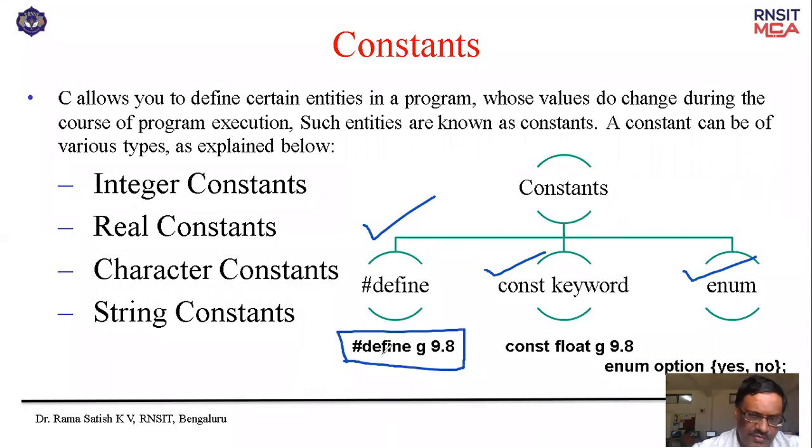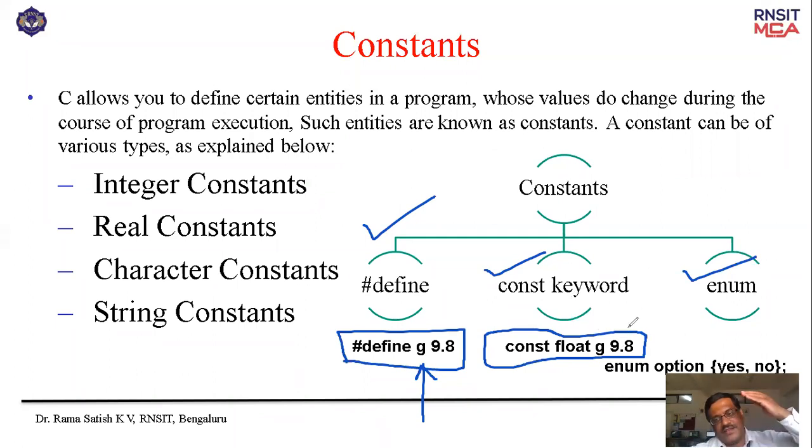An identifier G is created and its value 9.8 remains constant throughout the program. Same way you can use the const keyword, to make the G value 9.8 and that remains the same throughout the program.